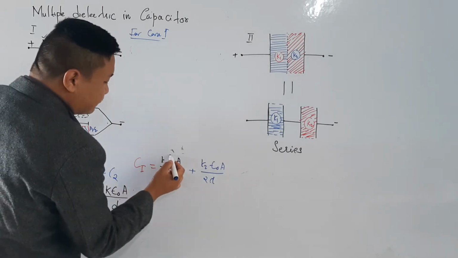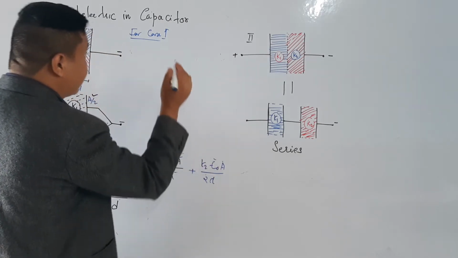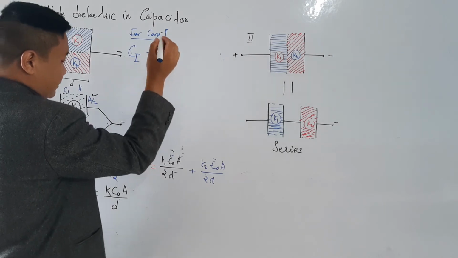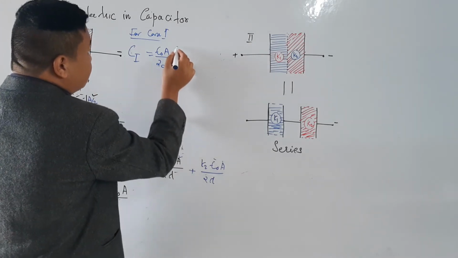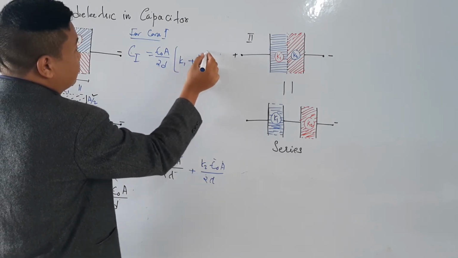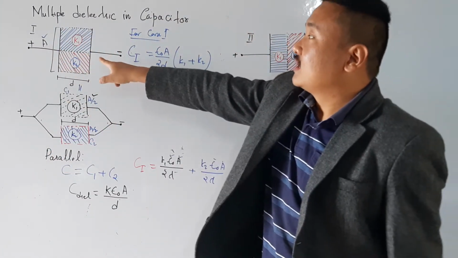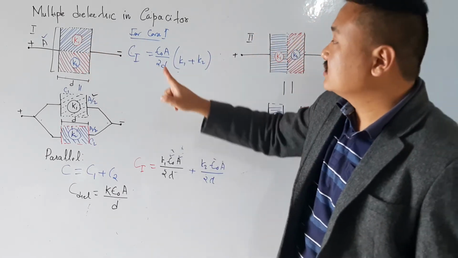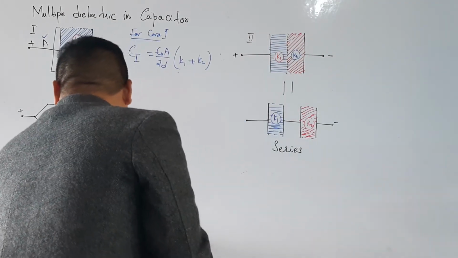Epsilon naught, A, and 2D are all common. So C case 1 is equal to epsilon naught A divided by 2D times, what do I get here, K1 plus K2. So this is my formula for this kind of dielectric arrangement. When the dielectric is in this form, the capacitance will look like this. I will rub this out. This is for the first case.